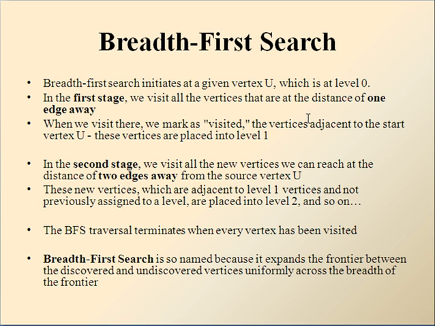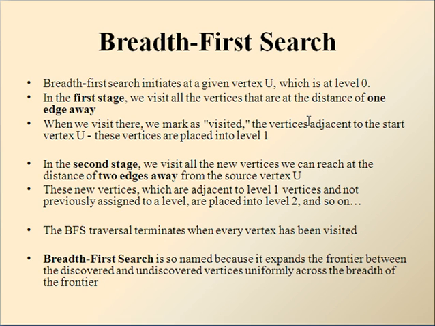Breadth first search initiates at a given vertex u, which is at level 0. In the first stage we visit all the vertices that are at a distance of one edge away. When we visit them, we mark as visited the vertices adjacent to the start vertex u. These vertices are placed into level 1.